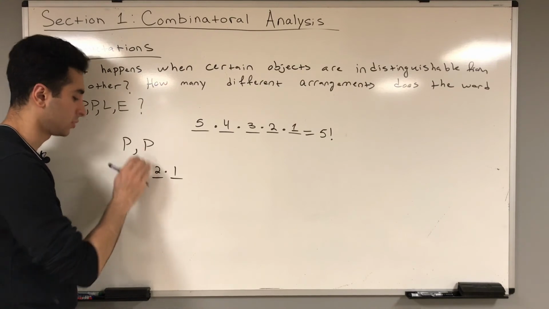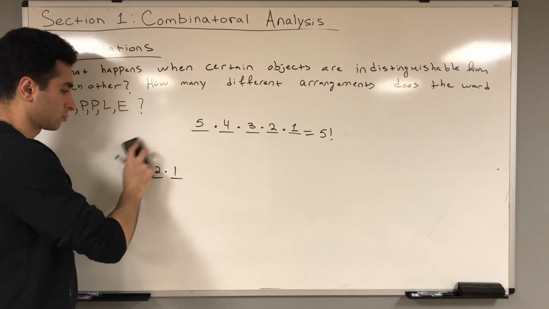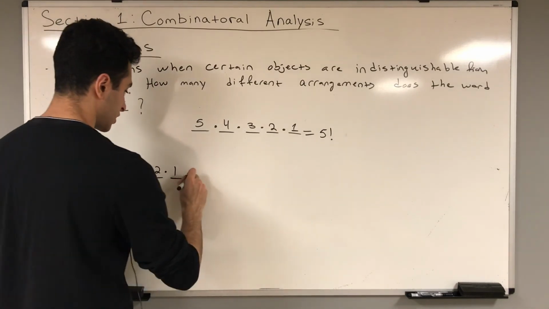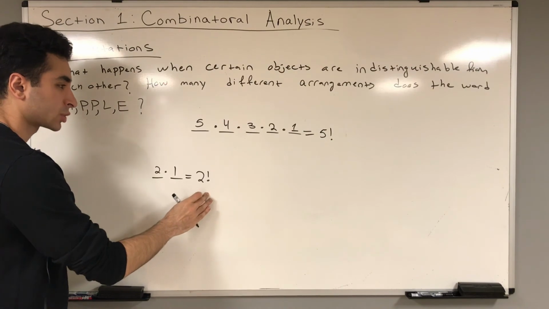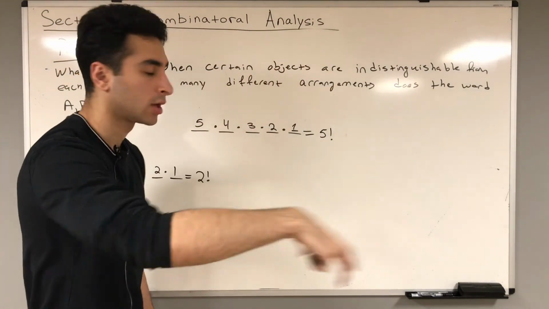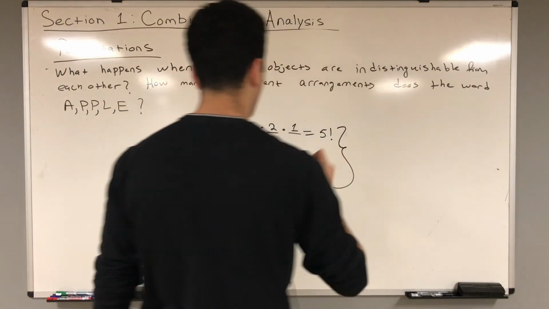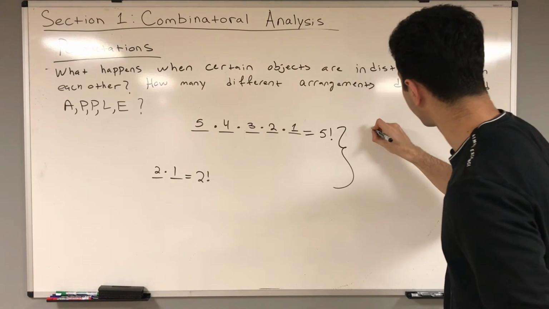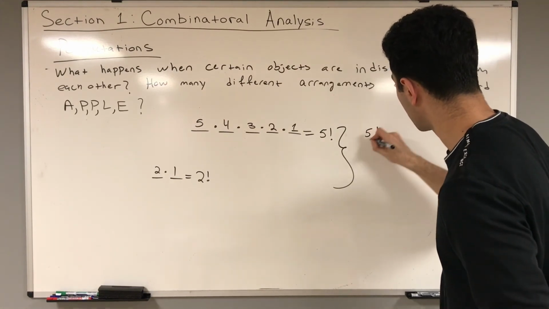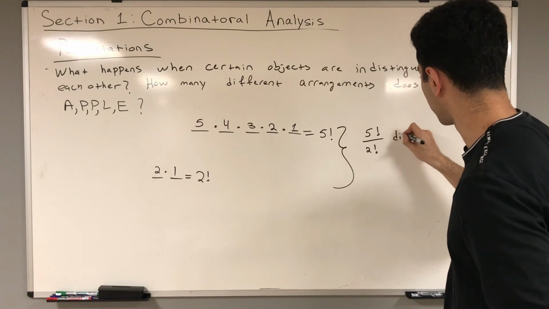Once you've chosen 1 P, you have 1 left, and that's it. So that's 2 times 1, which is 2 factorial. This is how much we overcounted by. So we have to divide this out. So in total, we actually have 5 factorial divided by 2 factorial different arrangements.